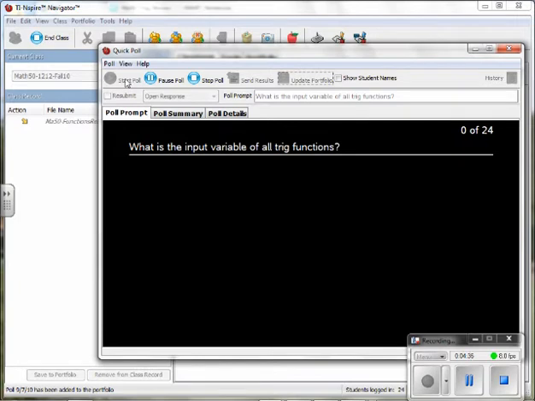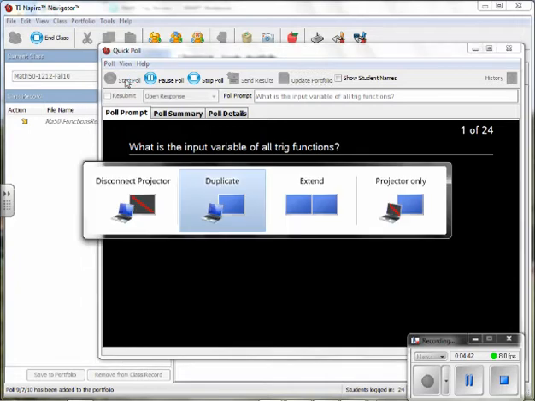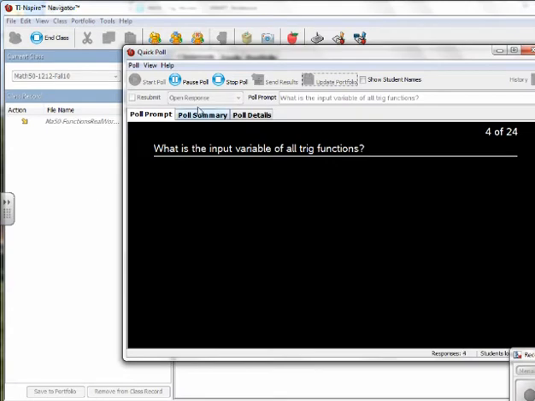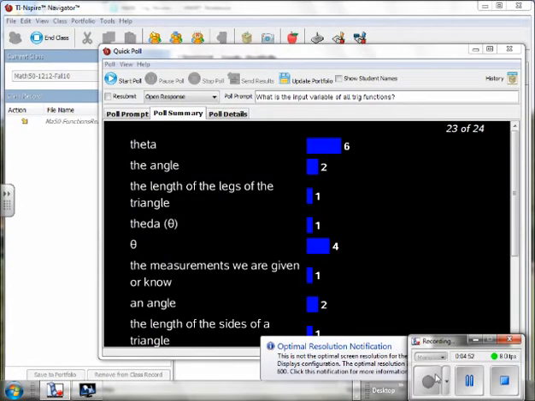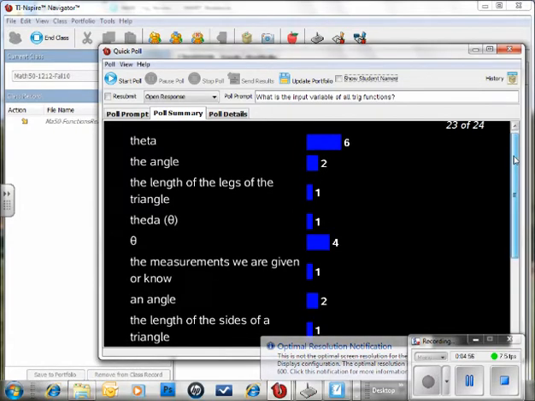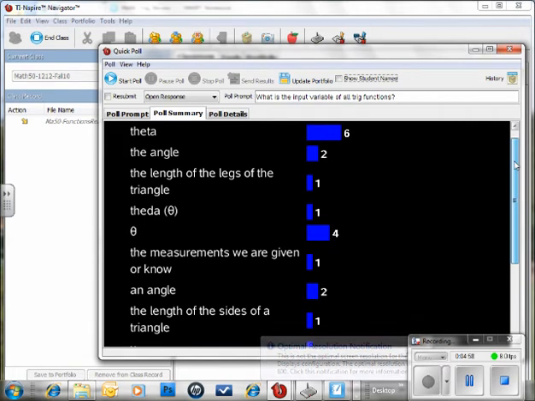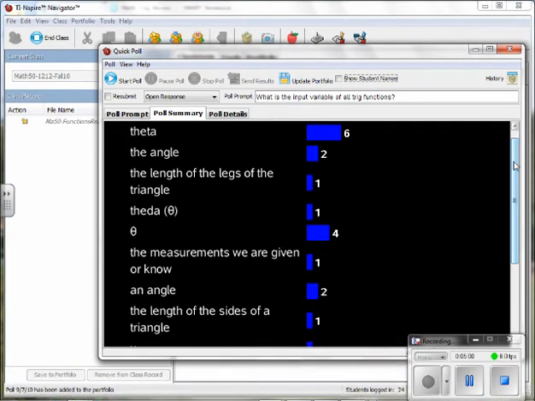Give me your best answer. Okay, let's take a look at this. All of you who said theta, the angle, you found the symbols, very good.